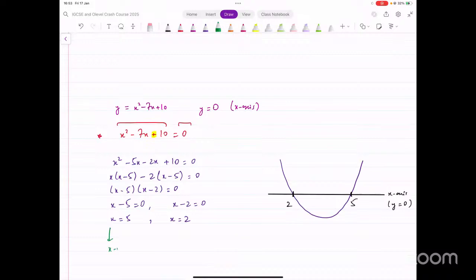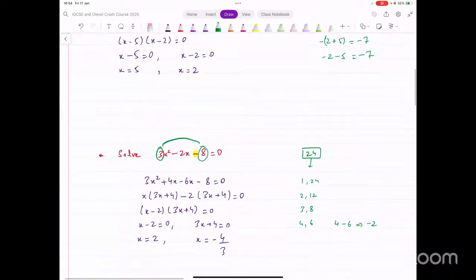So these are x-intercepts of the quadratic function. Okay, so that's another interpretation of the solutions that we are getting. All right. I hope that makes sense.